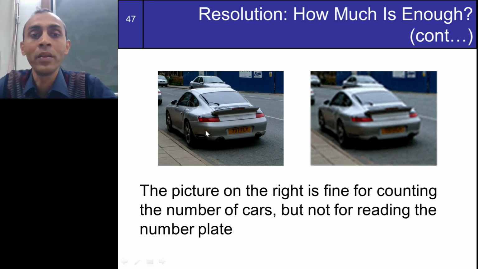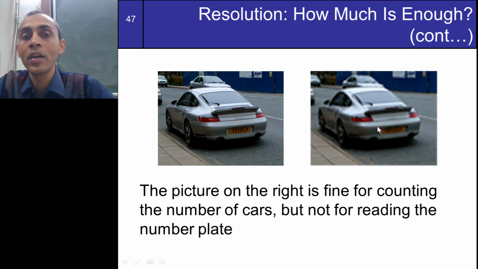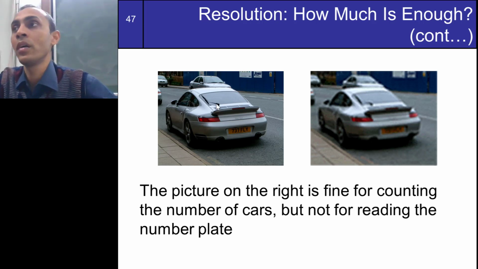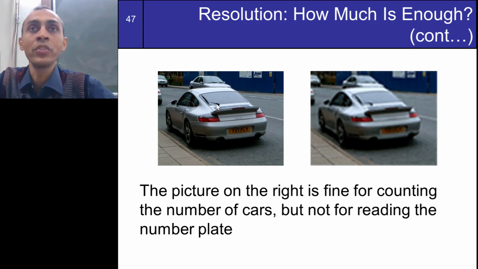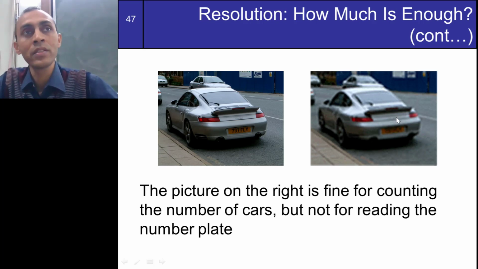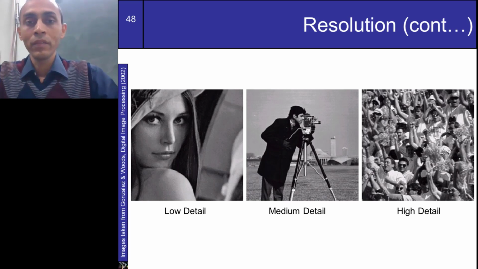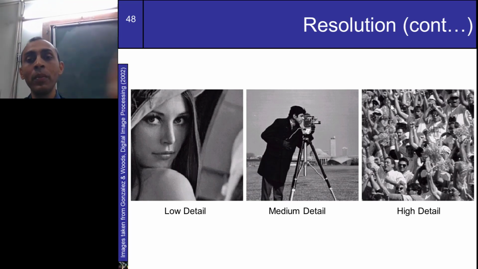We'll have to have images of higher resolution than this to be able to recognize the numbers. Whereas if we are only interested in counting the number of cars or vehicles moving, then even this resolution image is sufficient. In that case we should not go for a high resolution, because we'll be unnecessarily wasting computation and memory on processing a high resolution image. So the resolution will depend on the requirements of the application.